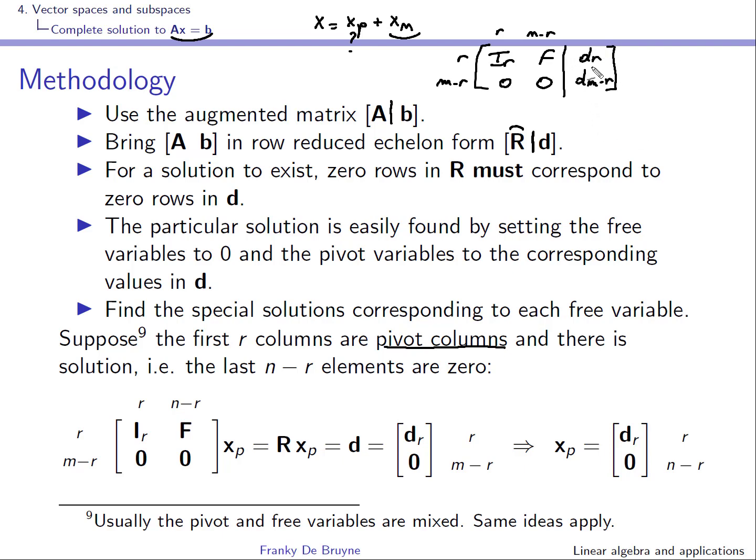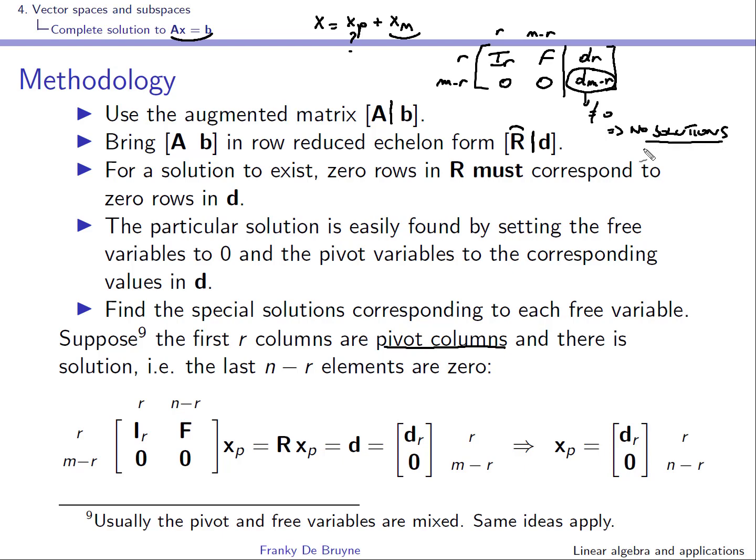Well, we see that in order to have a solution, this one has to be 0, otherwise we'll end up with equations of the type 0 times a variable is different from 0. Okay, so if this one is different from 0, there are no solutions.